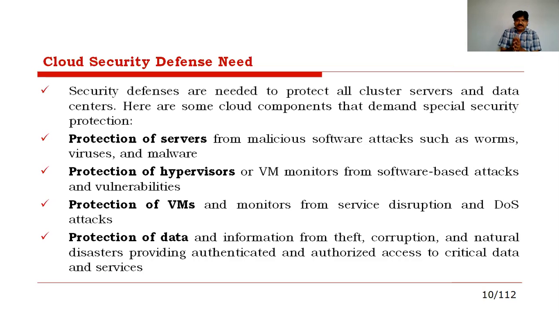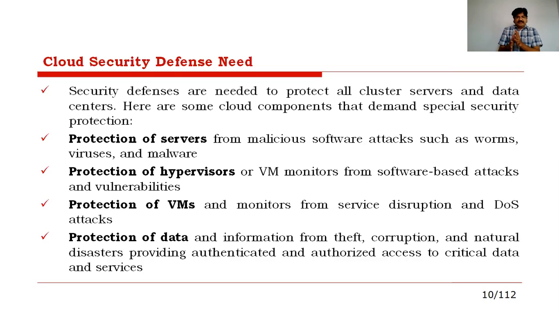And the protection of data is one of the tasks here. So how do we protect the data and information from theft, corruption, and natural disasters, providing authenticated and authorized access to the critical data and services? That means whenever the customer posts his sensitive data into the cloud, providing security to the cloud is one of the major tasks.